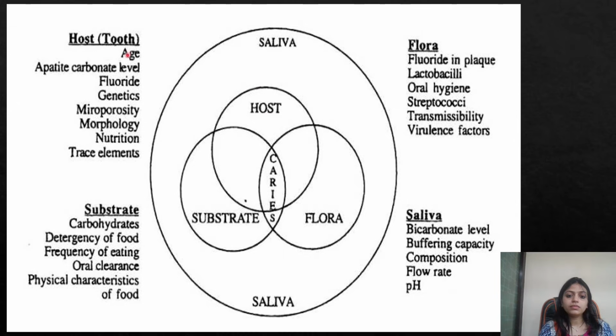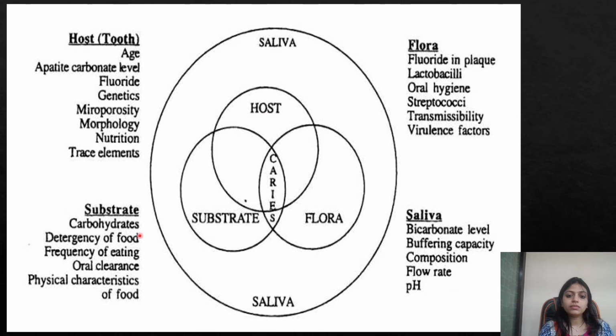So host factors or the tooth factors include age, the apatite carbonate level, the fluoride content, genetics, microporosity, morphology of the teeth, nutrition, trace elements. The flora or the microbes include fluoride and plaque, lactobacilli, streptococci, oral hygiene, transmissibility, virulence factors, all those things.